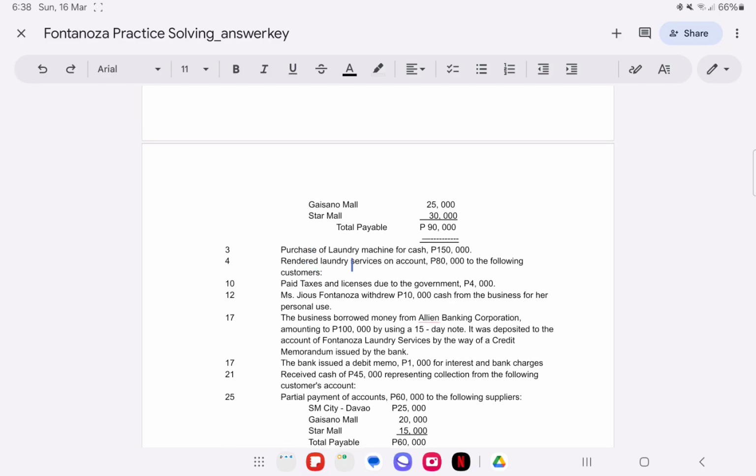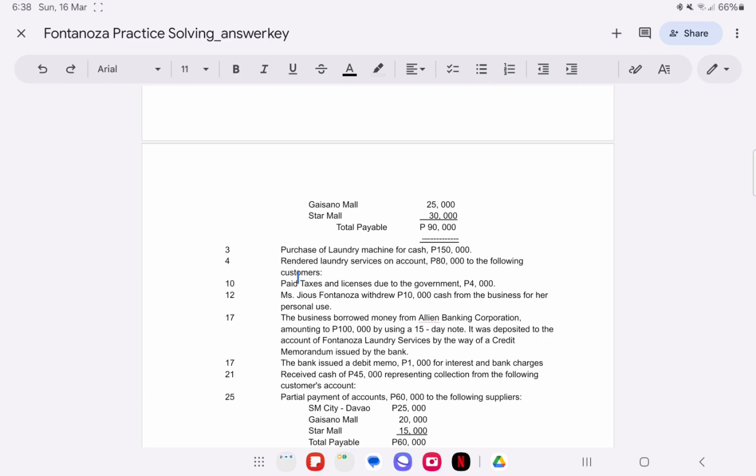Okay, rendered laundry services on account, 80,000, to the following customers. So if you're going to analyze this transaction, you are rendering services on account to your customers. So what would be your value received?